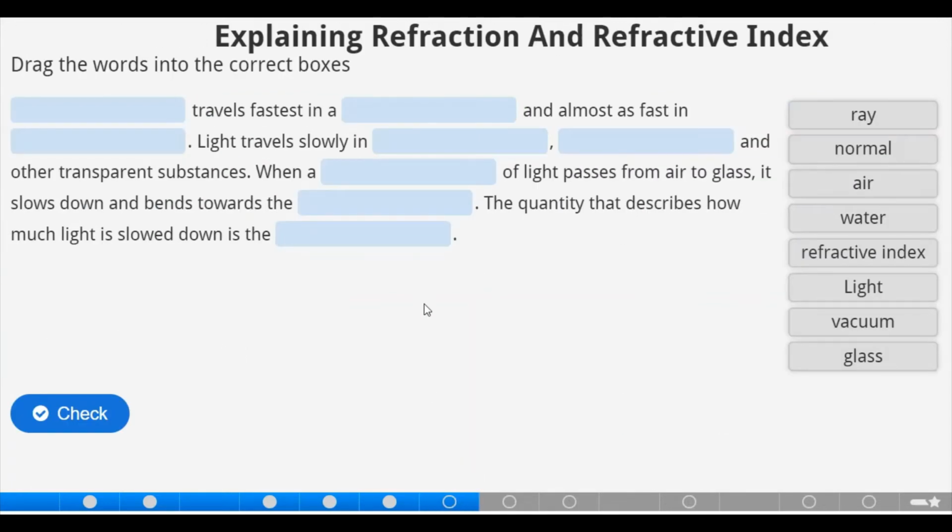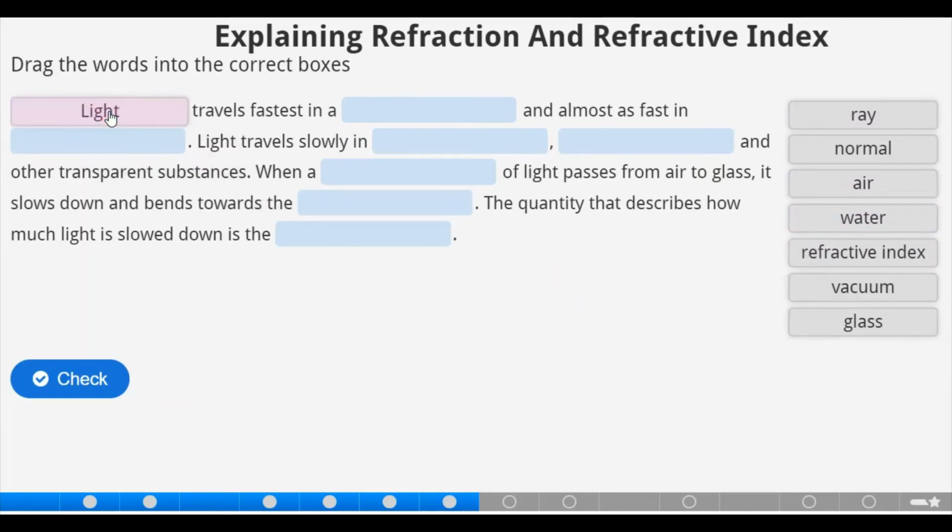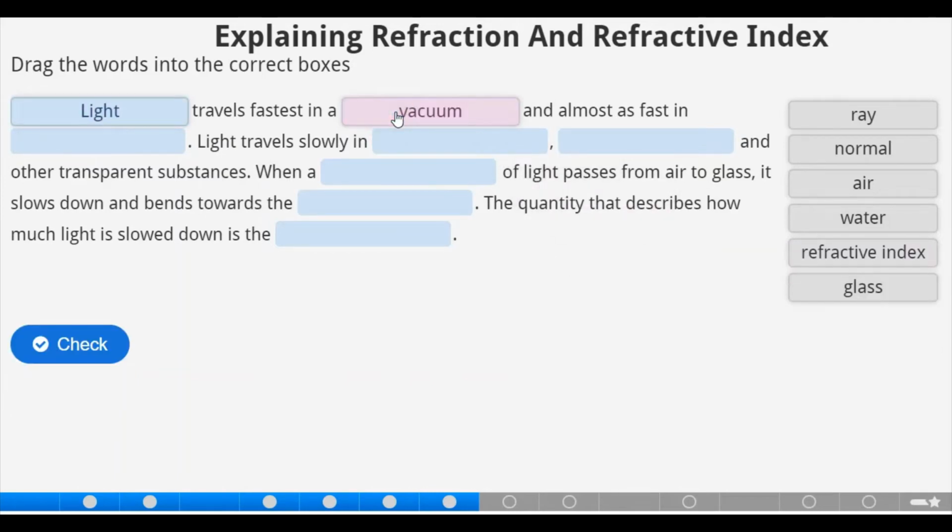So we are also to explain refraction and refractive index. Let's start. Light travels fastest in a vacuum. Another word for vacuum is space, and almost as fast in air.